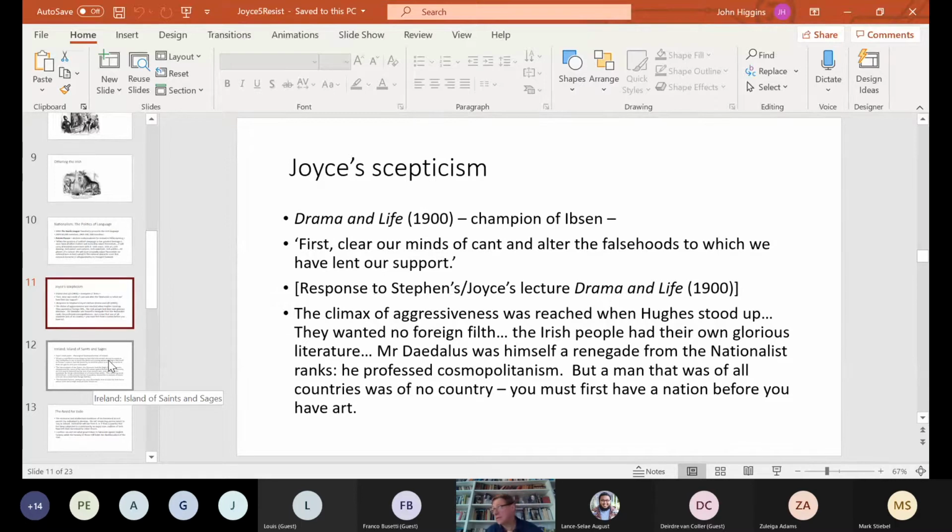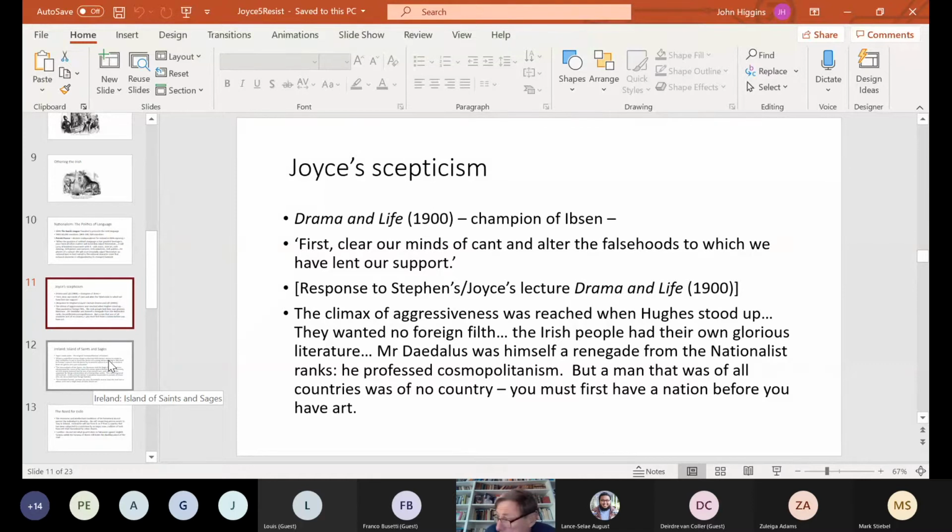And many of his critical and journalistic writings in the period show the kind of academic grounds of that scepticism, that attempt to clear our minds of cant and alter the falsehoods to which we have lent our support.